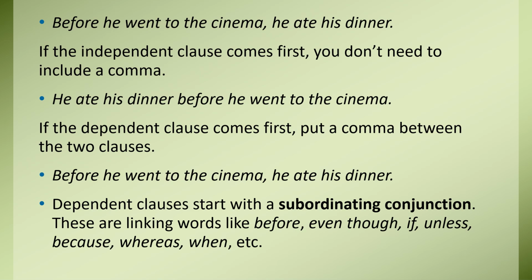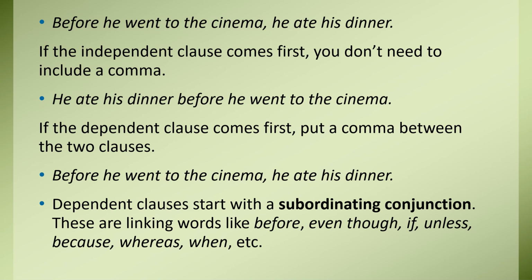If the independent clause comes first, you don't need to include a comma: he ate his dinner before he went to the cinema. If the dependent clause comes first, put a comma between the two clauses: before he went to the cinema, he ate his dinner.